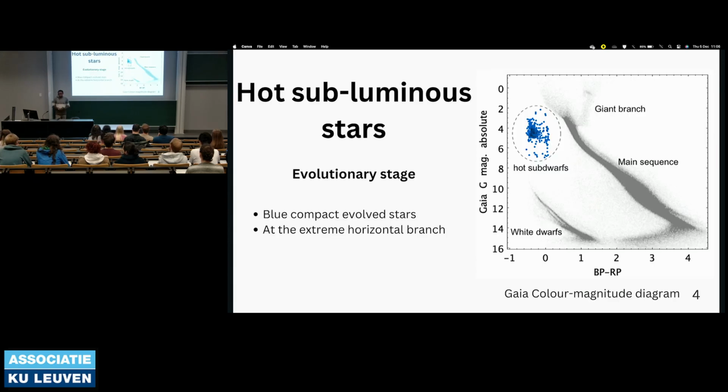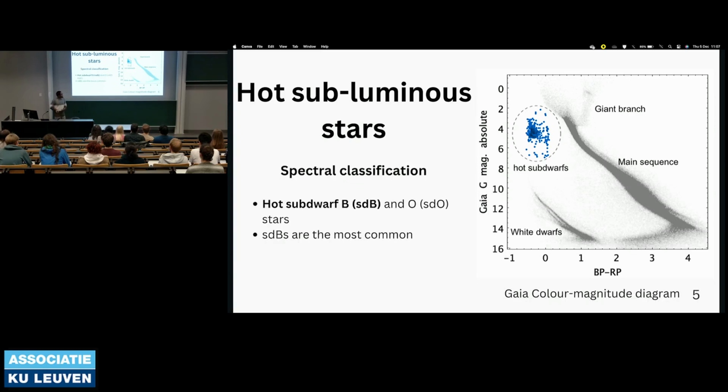Hot subluminous stars represent the population of blue and compact evolved objects. As you can see in this color magnitude diagram, they are located at the extreme horizontal branch between the main sequence and the white dwarf sequence.